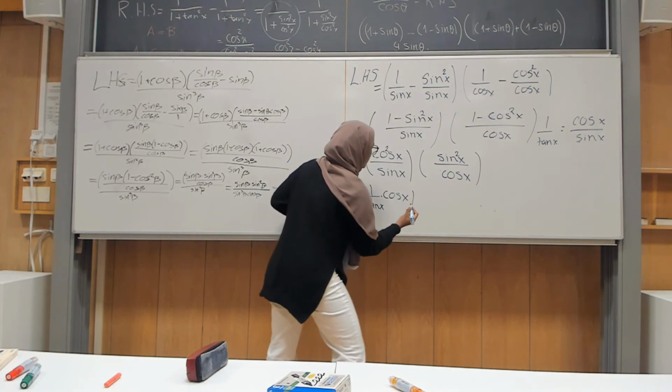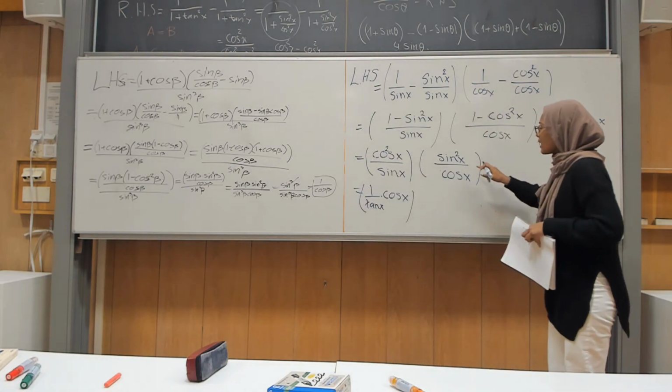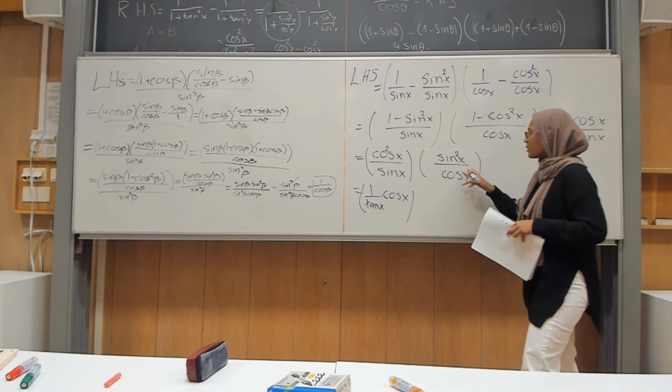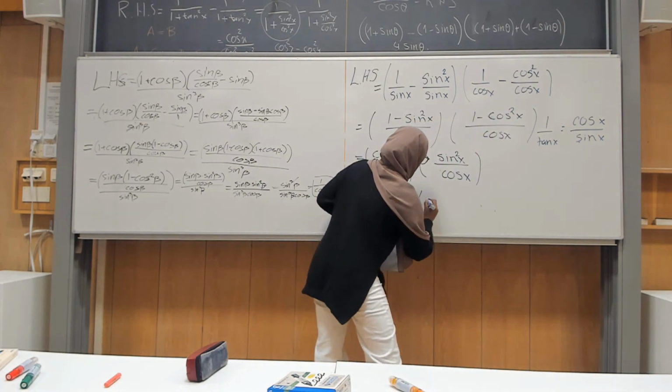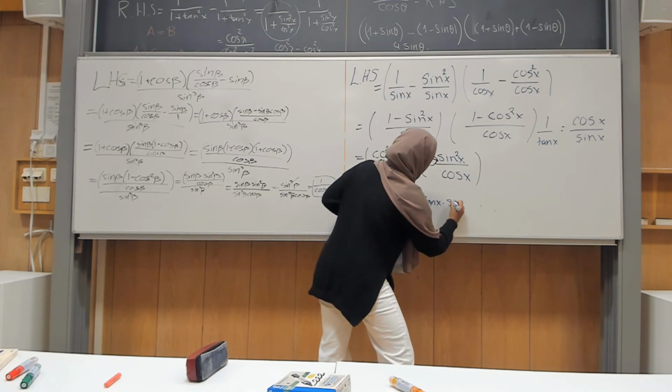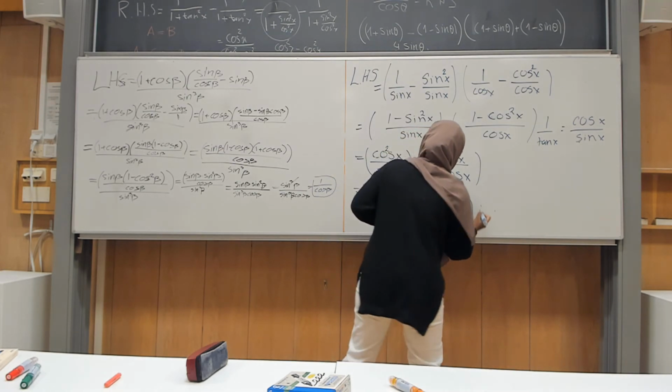And here we know that sine divided by cosine is tangent, but we have 1 sine left. So we got tangent times sine x.